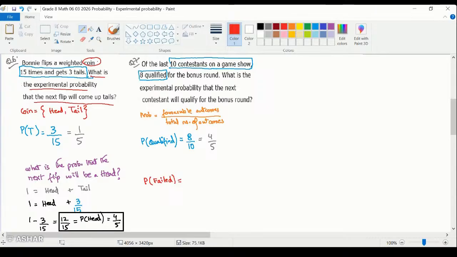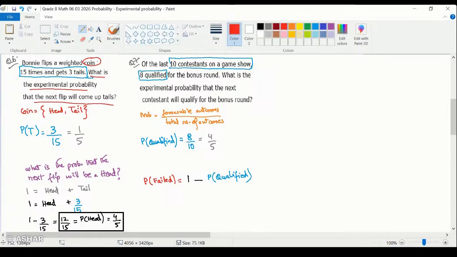What we can do is we subtract the probability of qualified from 1, because the sum of the qualified and failed would always be equal to 1, because the total of the probabilities is always equal to 1, right?